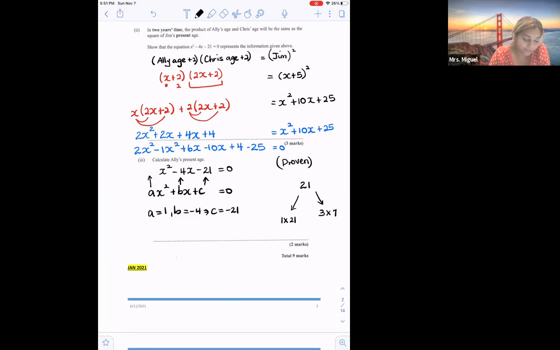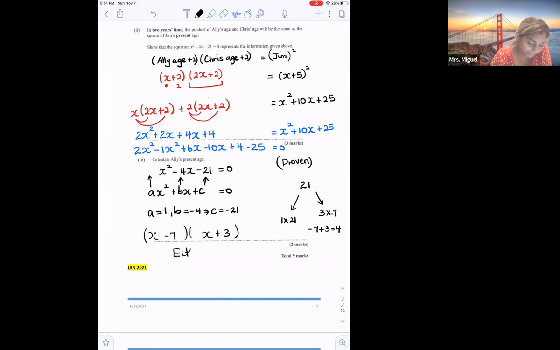In order for us to get a sum of negative 4, it means that the larger number must be negative. So -7 plus 3 will give me -4. So in my brackets, I will get x minus 7 and x plus 3.